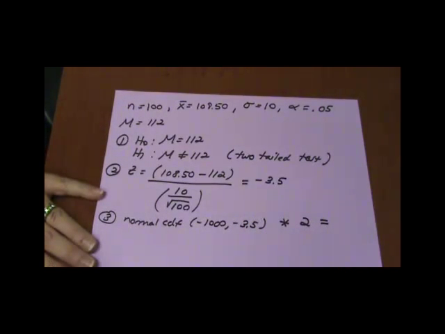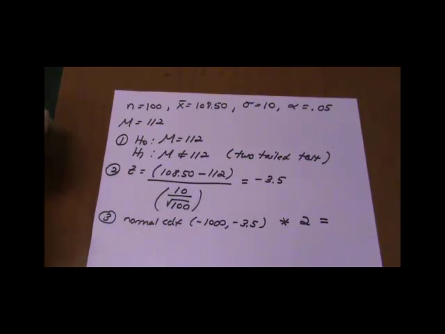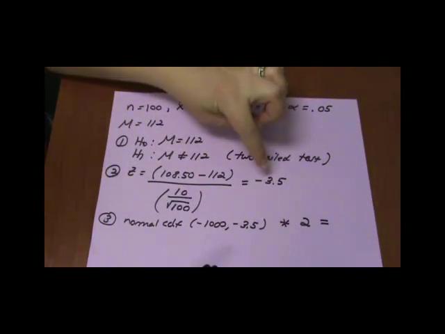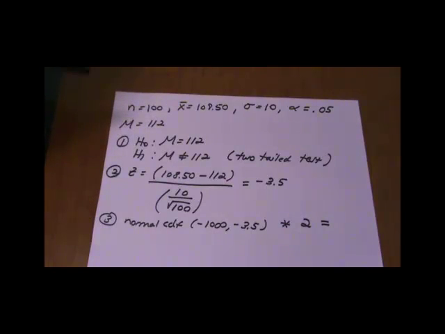You're going to double your p-value. That's how you get double the amount from either the left or the right tail. Since this is negative, I chose to do the left side. If this had been positive, I would do the right side and multiply by 2. So I do normal CDF, negative 1,000, negative 3.5, and I multiply that by 2.